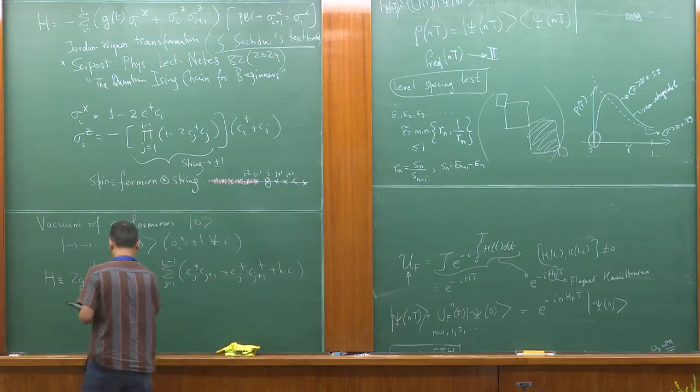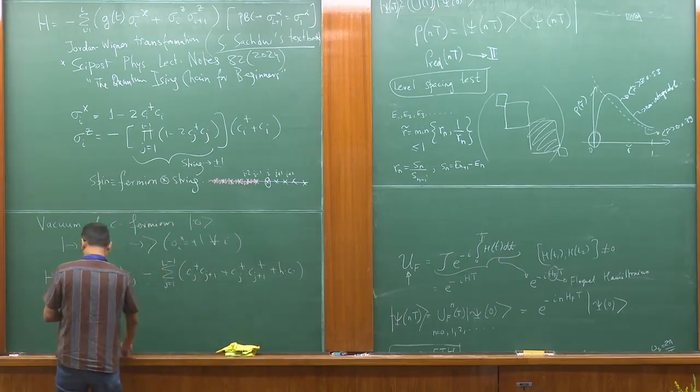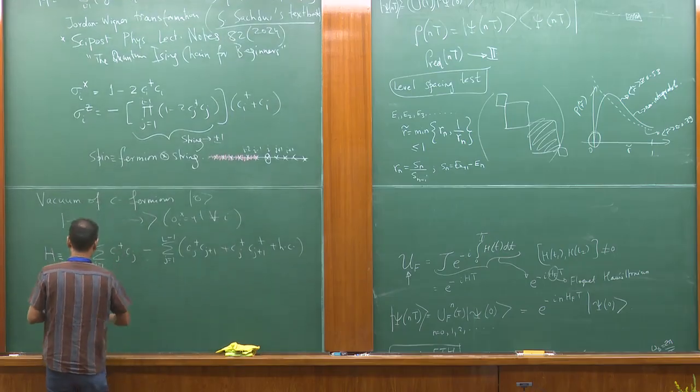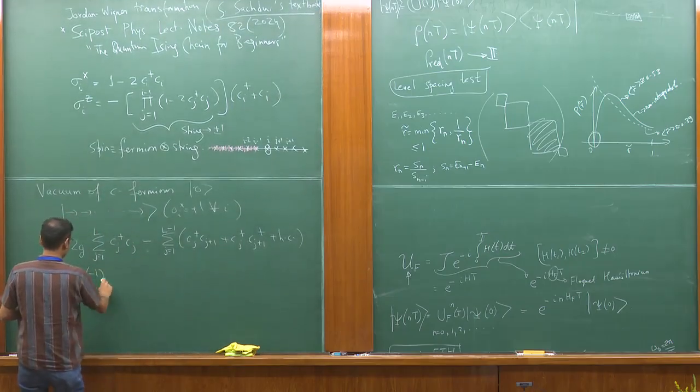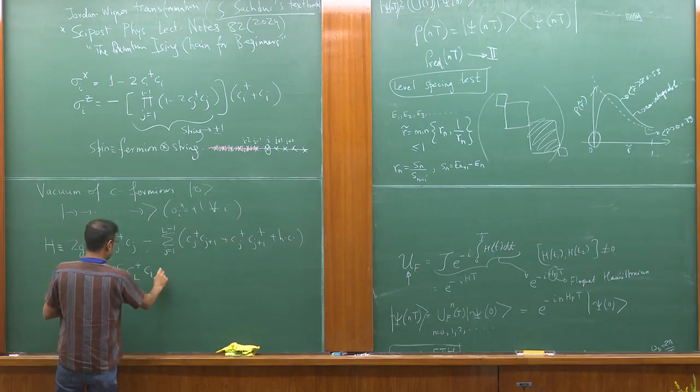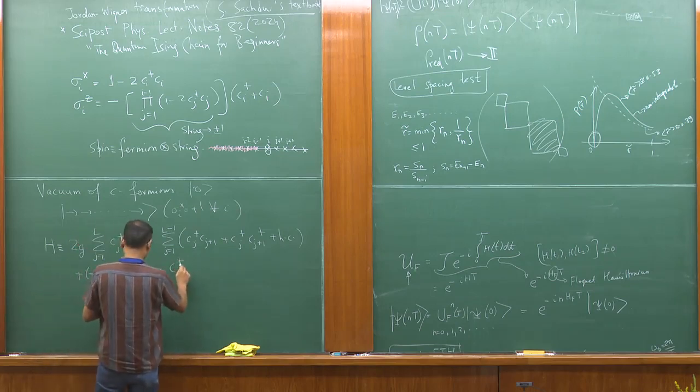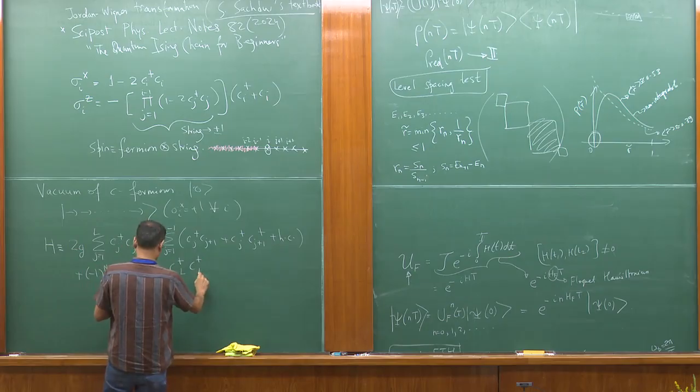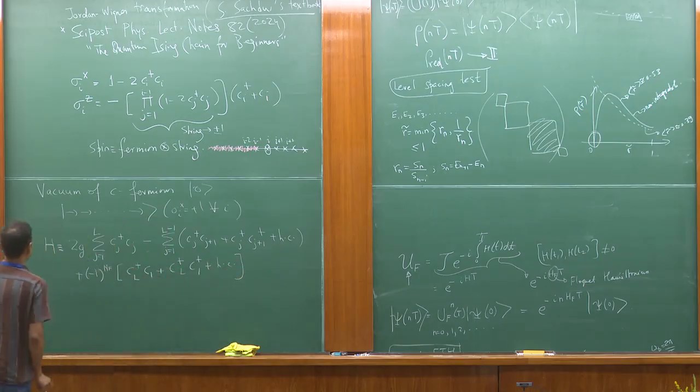But these are still free fermions, right? And then there's an extra term. If you do the algebra really carefully, you'll see that this term couples the n spins. Okay, that's that, because since you're on a ring, there is a coupling between L and 1.